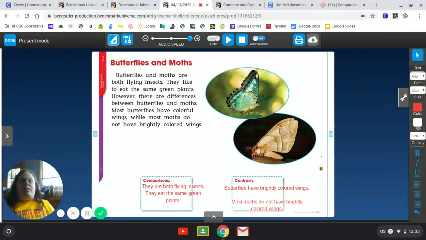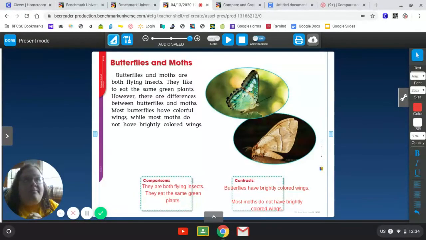So what's a word in our text that kind of gave you a clue that they were talking about the butterfly and the moth in comparing them? Well, if you said both, you are correct. Both is a word that kind of says they are together. So this one and this one, they're talking about the butterfly and the moth.